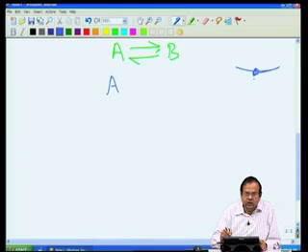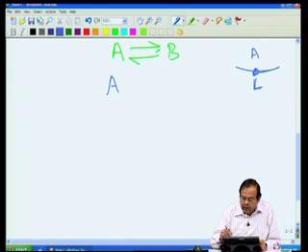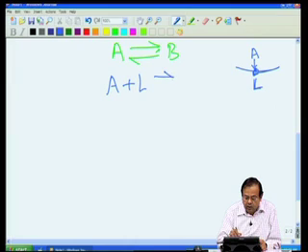We will call this site L, that is the ligand, and my A is going to interact with this active site L. So, my first step is A plus L gives rise to AL.